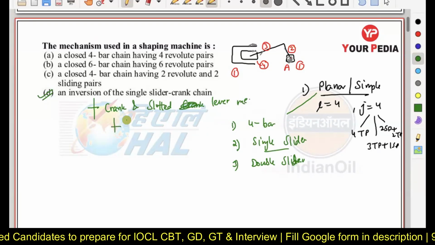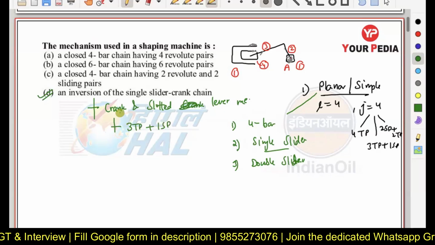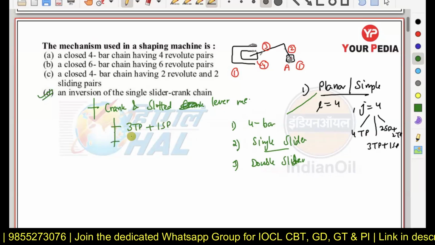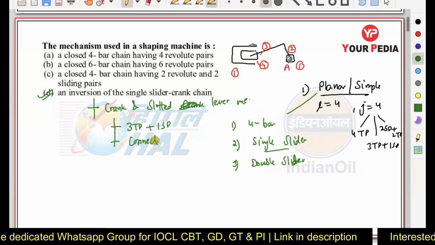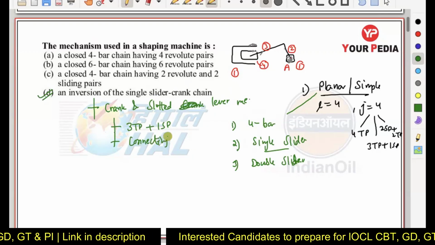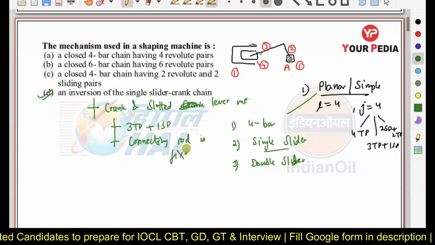In this case, how many turning pairs are going to be there? Three turning pairs with one sliding pair. Which link is considered fixed here? In this case, we generally fix the connecting rod. The connecting rod is the fixed link in the case of crank and slotted lever mechanisms. So that you have to remember.